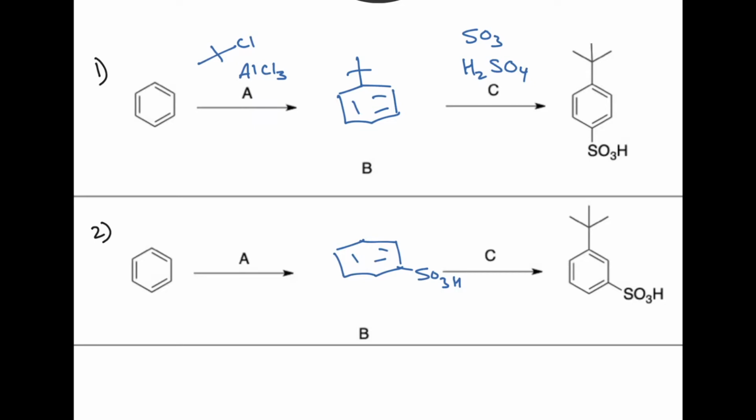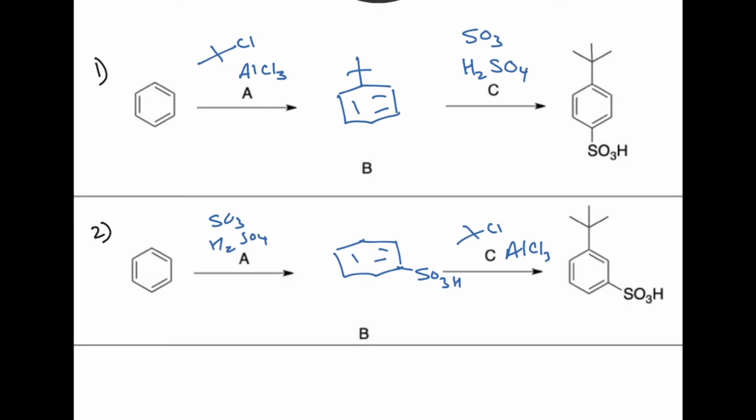So when I add the tert-butyl group, it will end up being meta to the sulfonic acid. So using the same reagents but just changing the order is going to give you a different product. So you always need to be mindful of what order you're adding your reagents in so that you get the right substitution pattern.